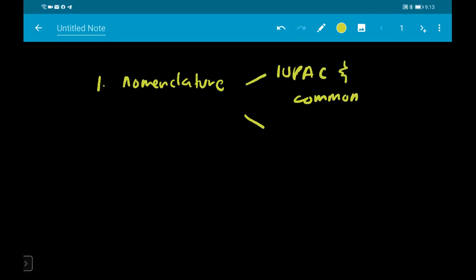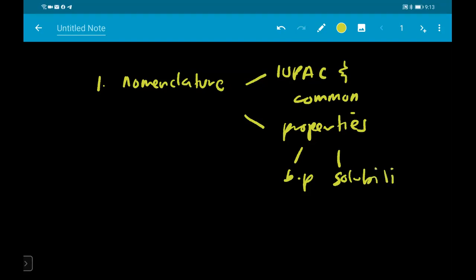The other one will be properties. Just to be clear, the properties we usually discuss are boiling point and solubility. And in addition, for alcohol and also carboxylic acid, we also have acidity.